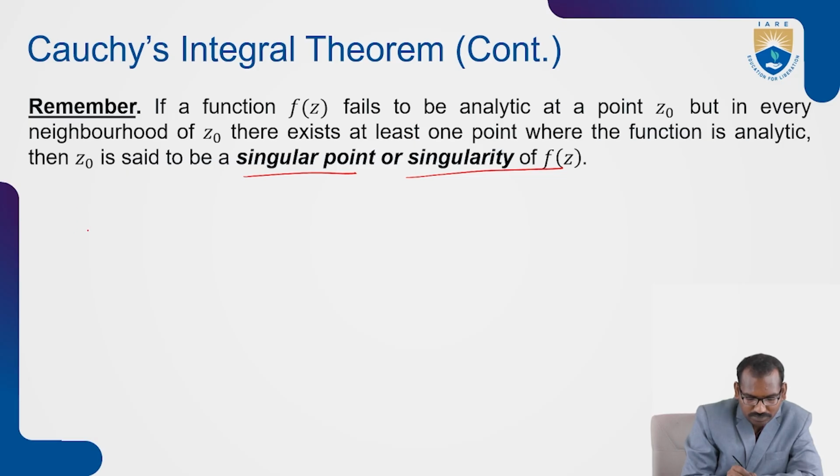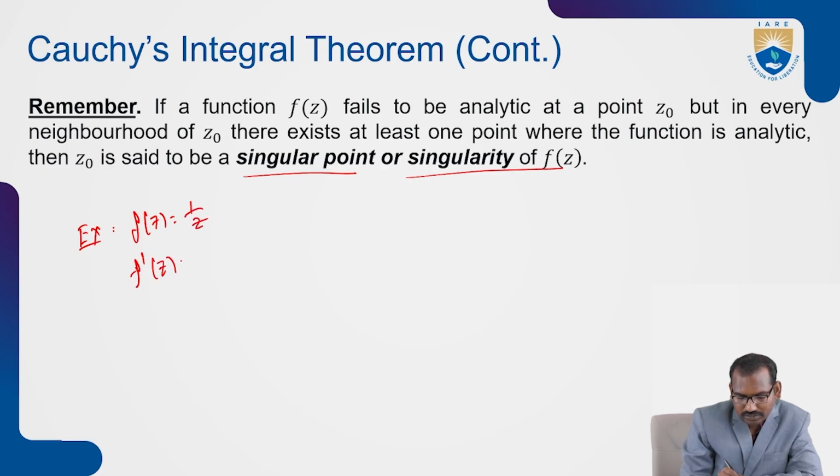For example, if you take f of z is 1 upon z. Here we know the derivative of f of z is minus 1 upon z square. This derivative does not exist when the denominator becomes 0, because the derivative function is a rational function with denominator z square.